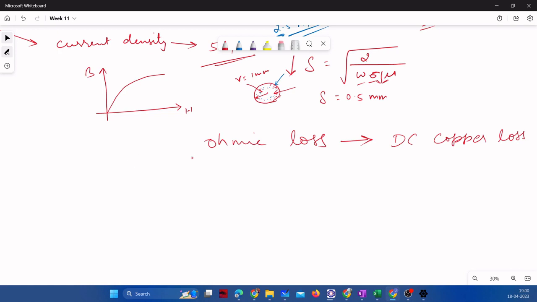If that depth is larger than the penetration depth for delta I, the ripple, it can flow on the surface and let the DC current flow in the center core.